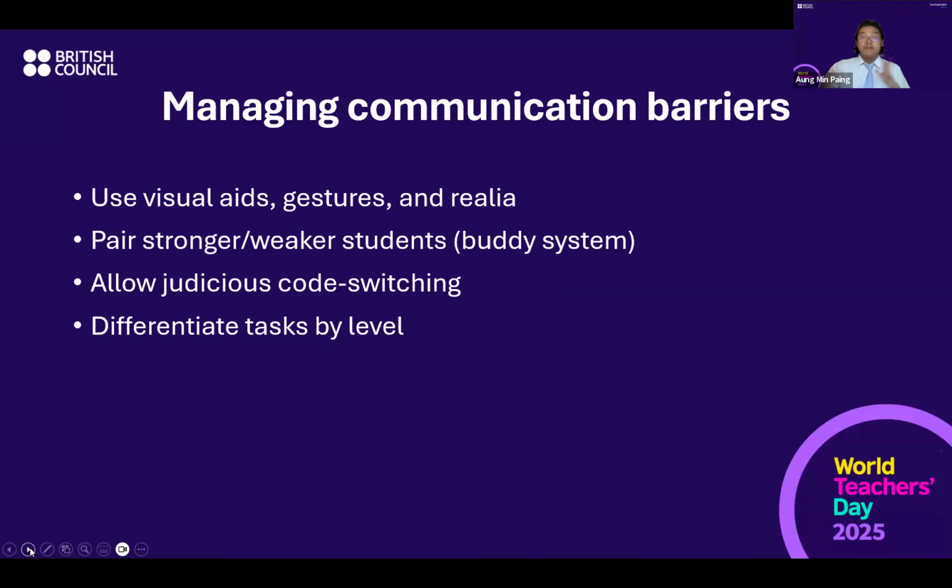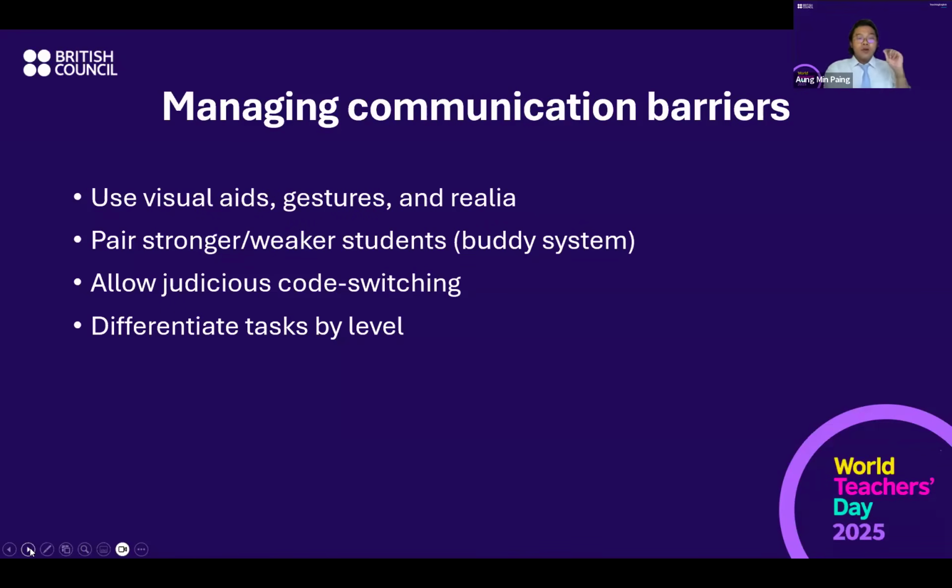Since they are at different levels and have different background languages, L1, culture, and maybe the gender might not be the same, at the time we should differentiate the tasks. But it depends on the level. Are they lower level learners or higher level learners, like upper intermediate or things like that? We still need to understand.